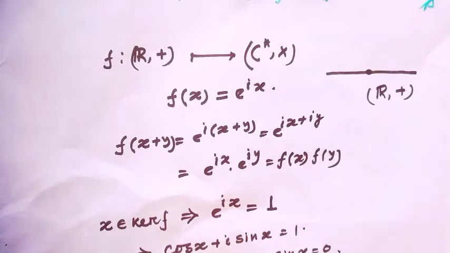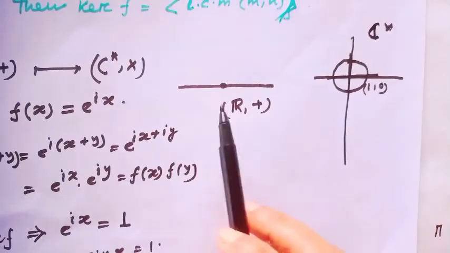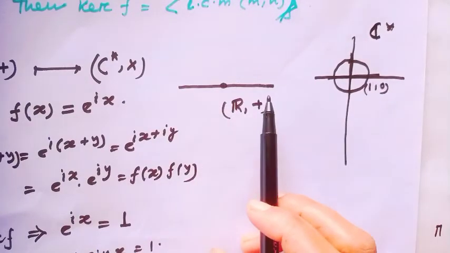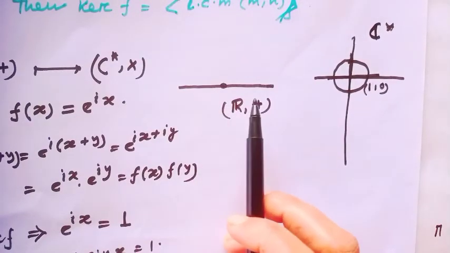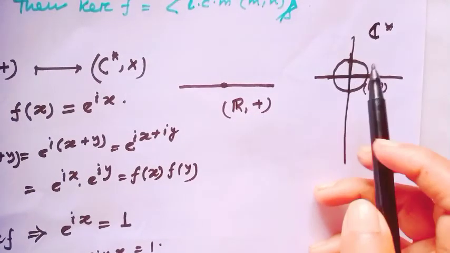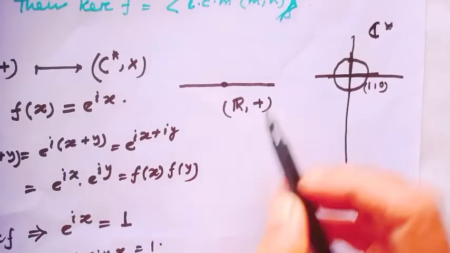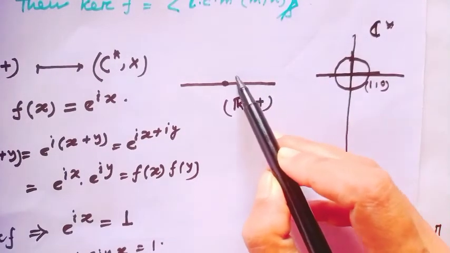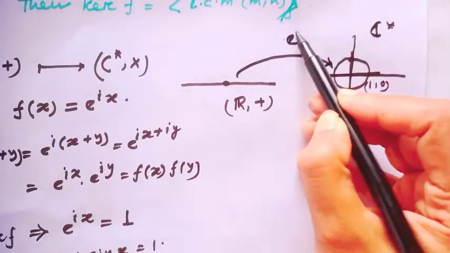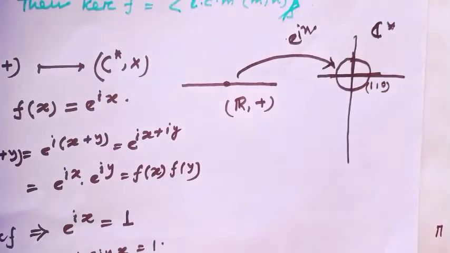F from real numbers under addition to C star under multiplication, such that f of x equals e to the power ix. Here all real numbers under addition map to the unit circle, because f of x equals e to the power ix, and this is the Euler function.